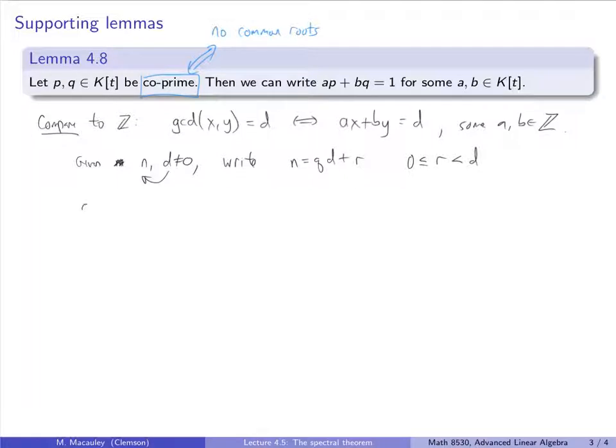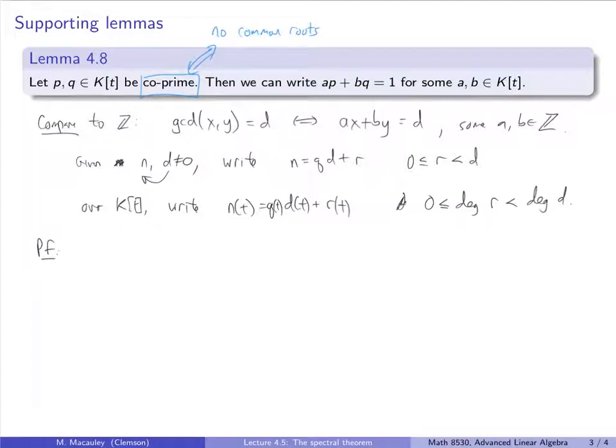So in other words, over K[t], if we have polynomials n and d, we can divide d into n: n of t equals d of t times q of t plus r of t, where the degree of r is less than the degree of d. So there's a little bit of background that I know I repeated from my previous lecture, but let's go with it. So let's actually do the proof of this now.